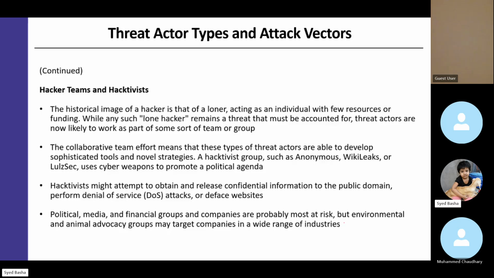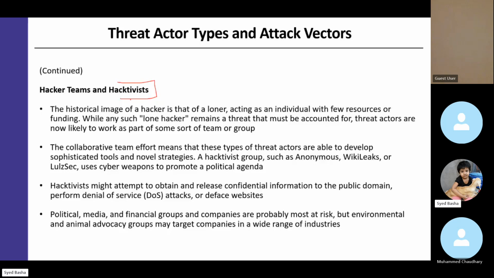And there is someone called a hacktivist. These people want to carry out things like denial of service attacks.